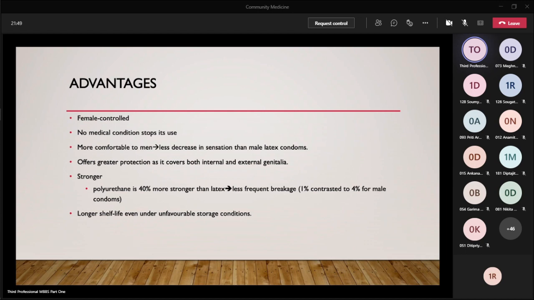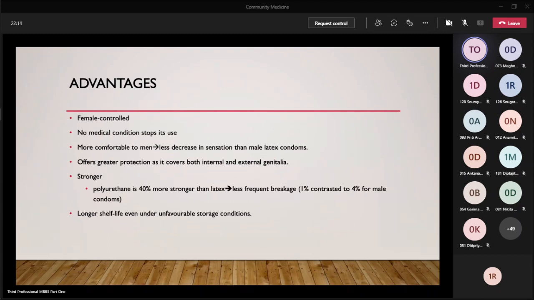Advantages: this is a female-controlled contraception. No medical condition stops its use. Some men find it more comfortable. It has less decrease in sensation than male latex condoms. Offers greater protection as it covers both internal and external genitalia.